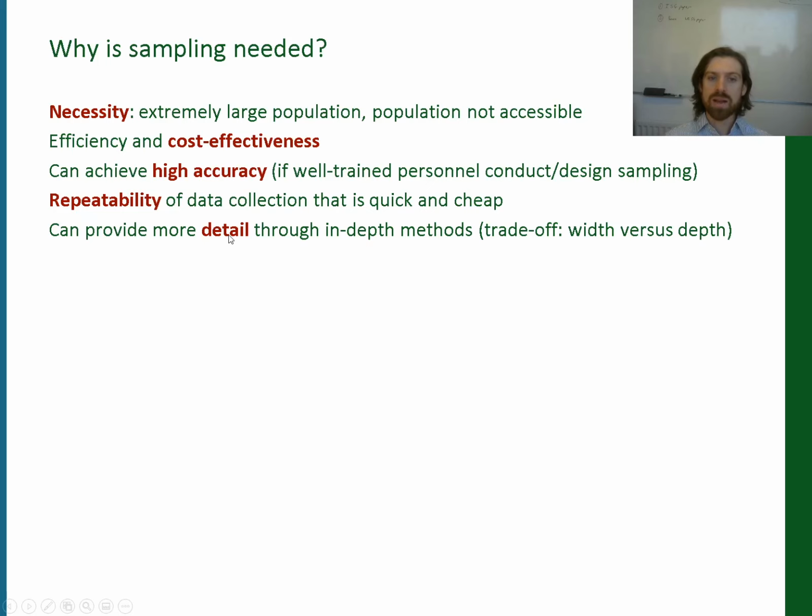And it can provide quite in-depth detail, but I think it's important for me to state that there's a big trade-off between the level of sampling which you do, so the number of entities that you sample, the width of the sample space that you explore, versus the depth. So how much time do you spend trying to get that information from one individual place or person?